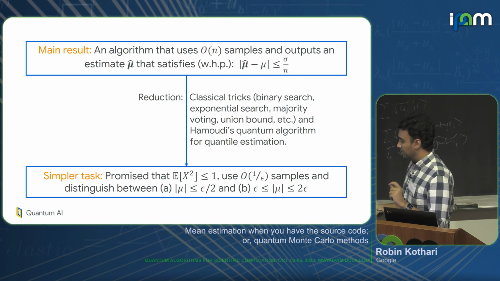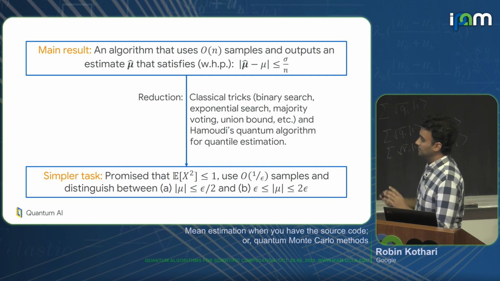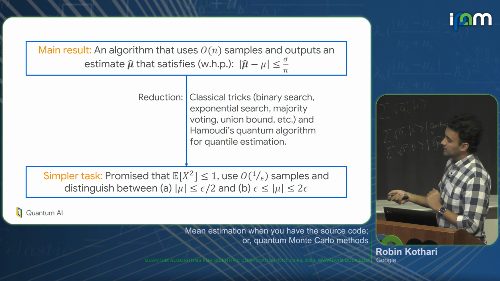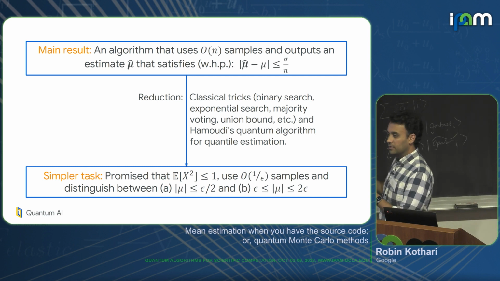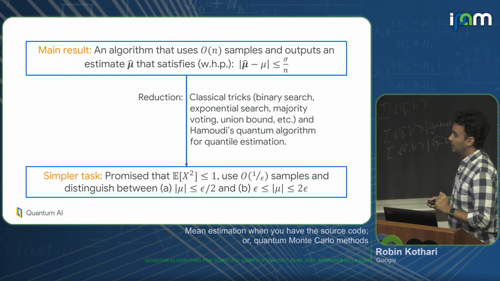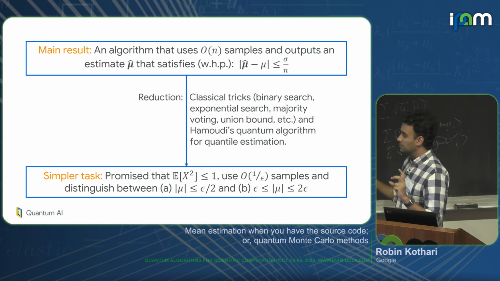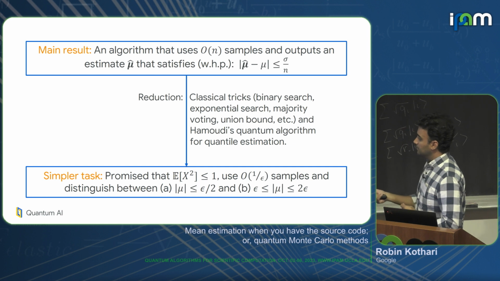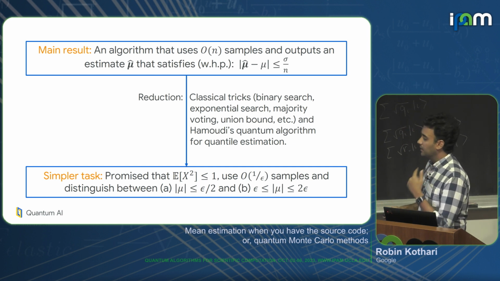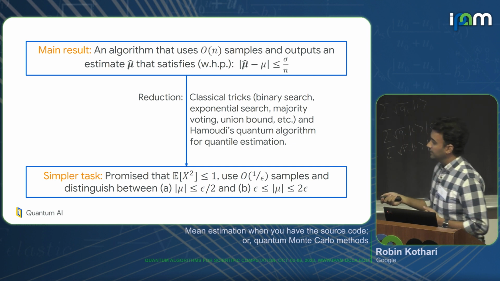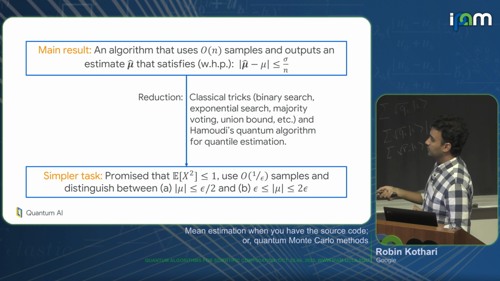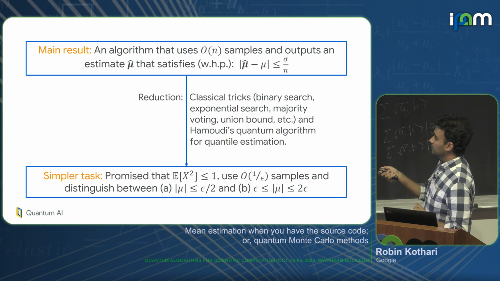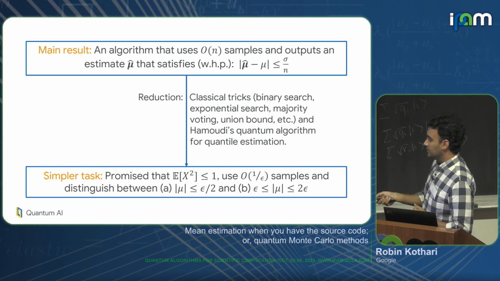And furthermore, you're promised a second thing, that the mean is either kind of small, less than epsilon over 2 in absolute value, or it's kind of big, between epsilon and 2 epsilon in absolute value. So I'm giving you a lot of extra information in this simpler task. That's why it's simpler. And the budget that you have is 1 over epsilon. So I'm allowing you 1 over epsilon samples. And the reason why this is a special case is, as I said, we've already assumed this is less than 1, so sigma is less than 1, and I only need to distinguish these two cases.